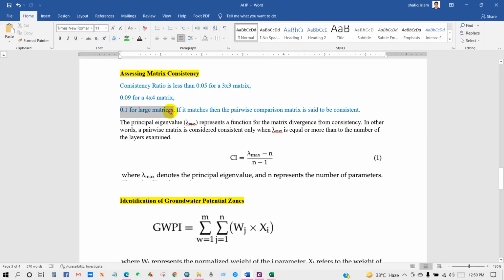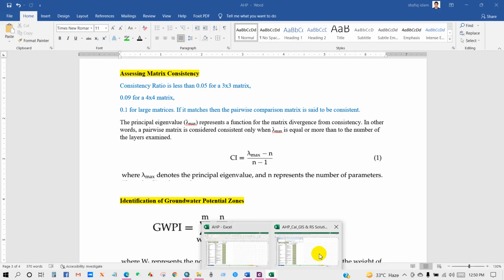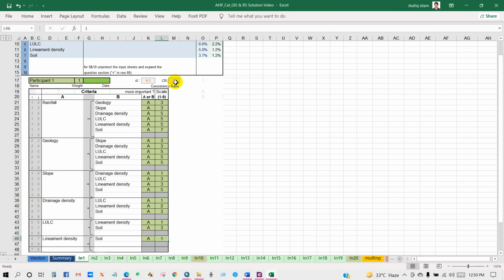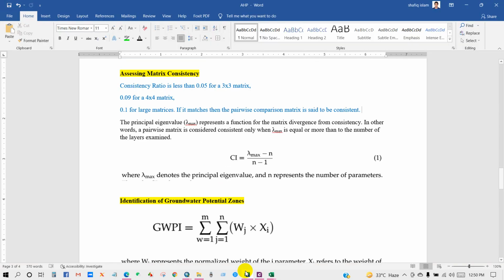If it matches, then the pairwise comparison matrix is said to be consistent. So in my case, I have more than a 4 by 4 matrix. So the consistency ratio is 0.05 for my case. So it is consistent.